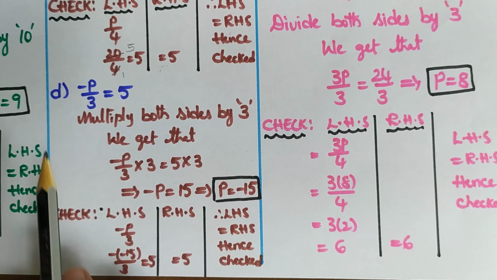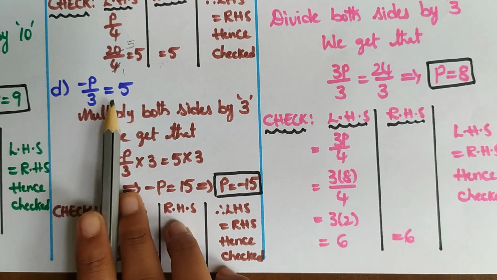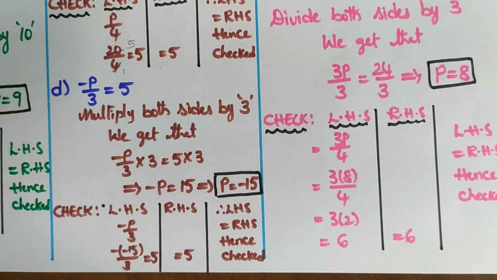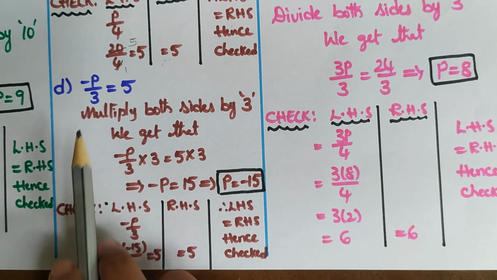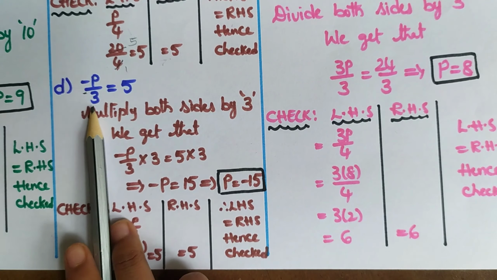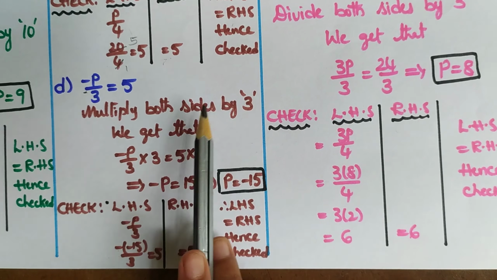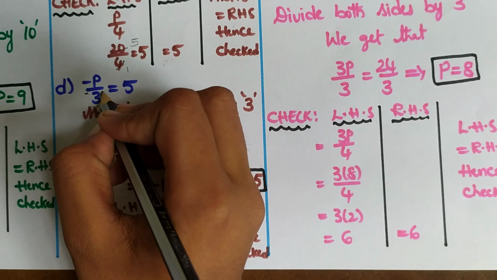Okay friends, now let us see D bit, that is minus p by 3 is equal to 5. Here it is minus p by 3, division, right? Now we have to do multiplication, so multiply both sides by 3.